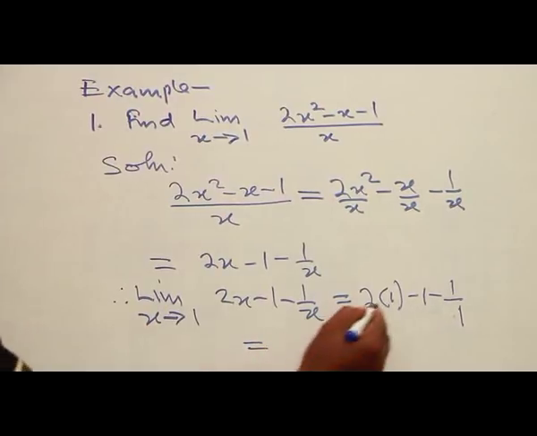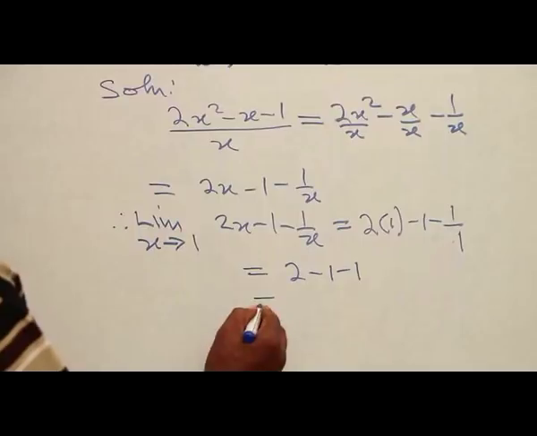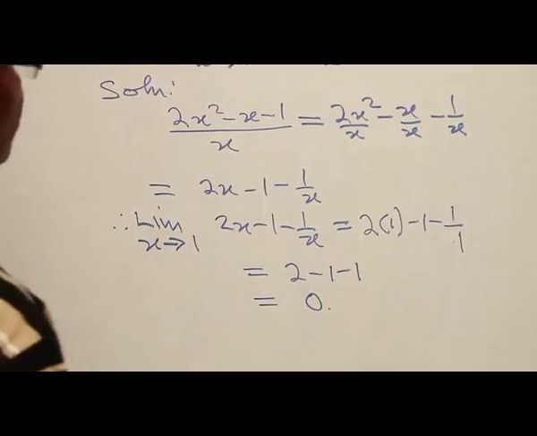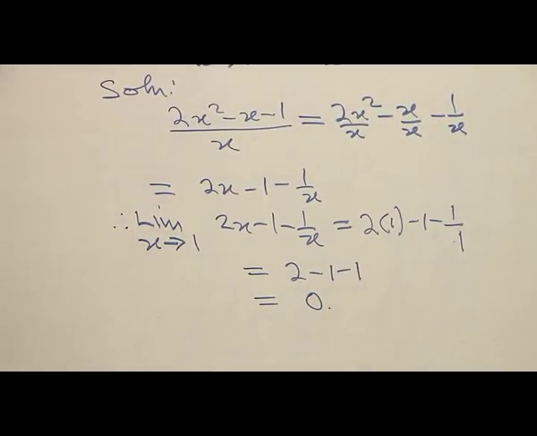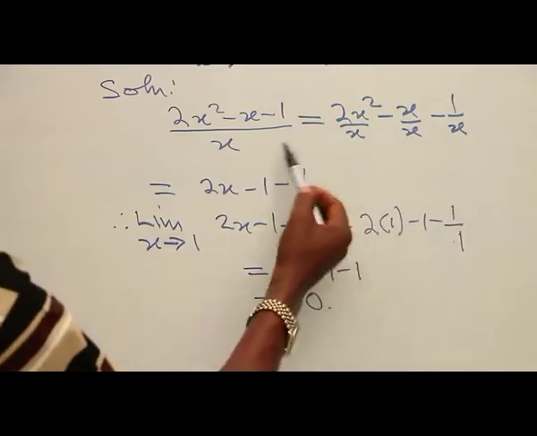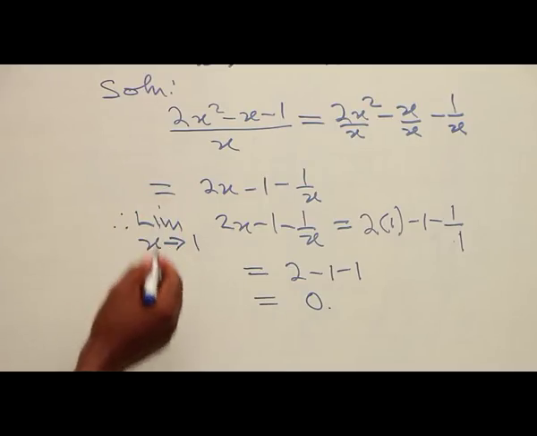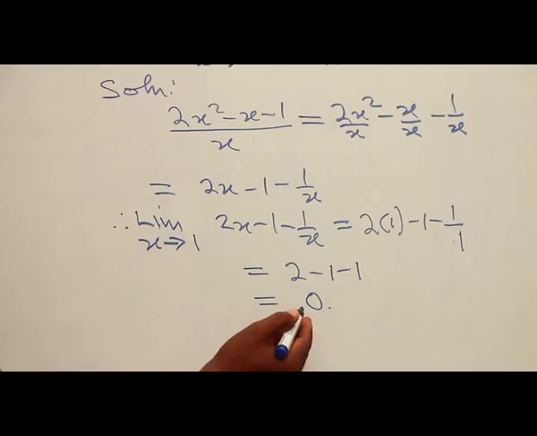If you simplify this, that will give you 2 minus 1, and the result is equal to 0. If we decide not to divide through by s each of the terms, and you substitute the value s equal to 1 into the function, you will still get the same result, 0.